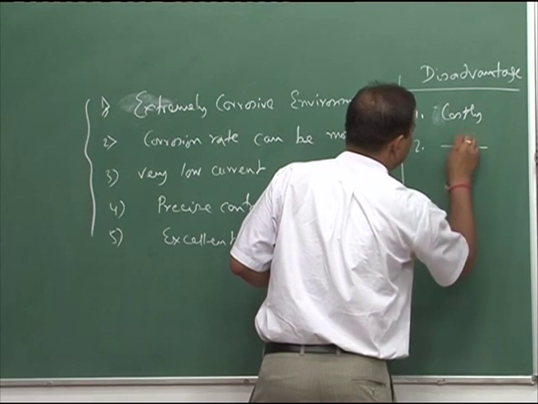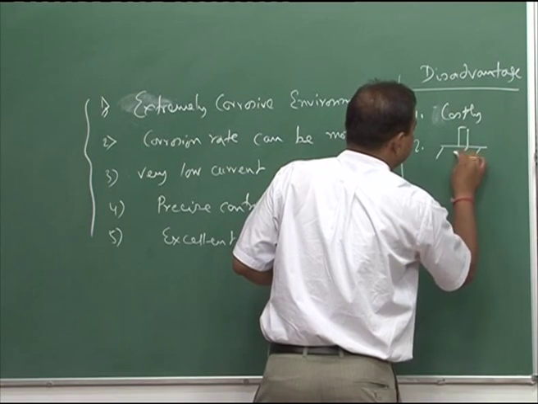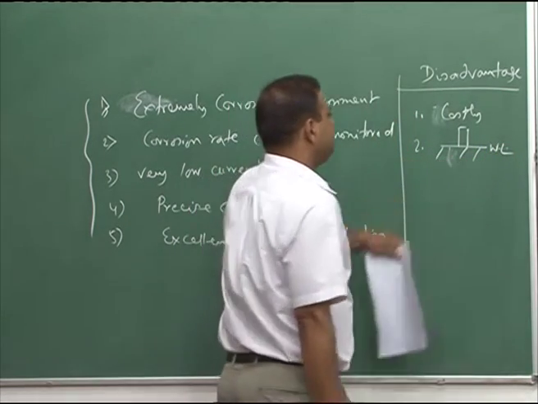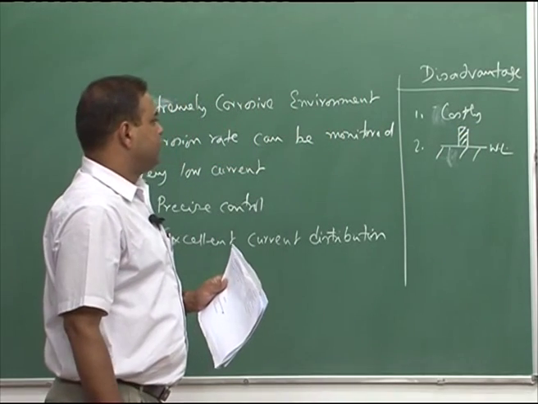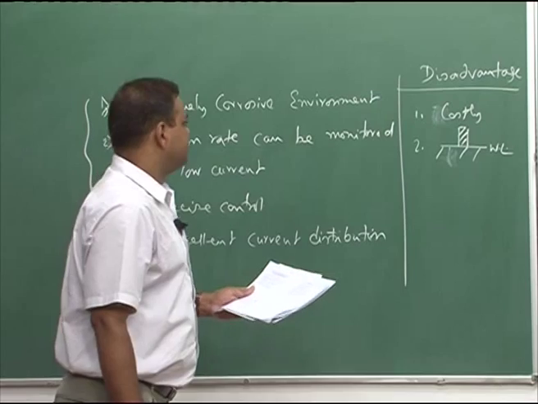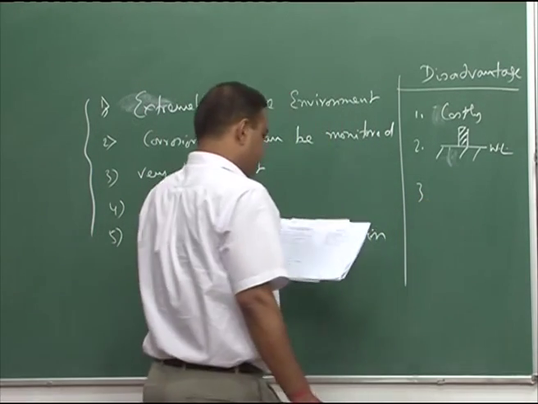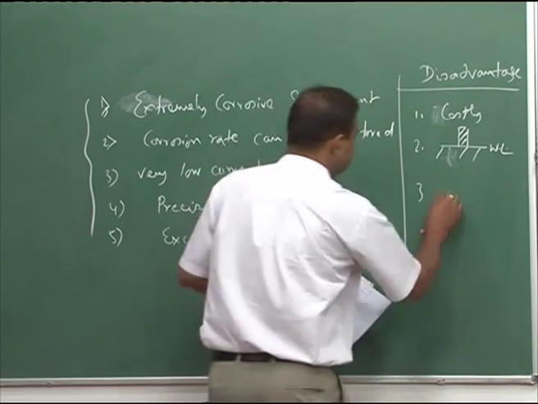So, if this is the water line, on top of that water line, if the metal object is there, this method will not give any protection. Third is non-conducting electrolyte, it will not work.